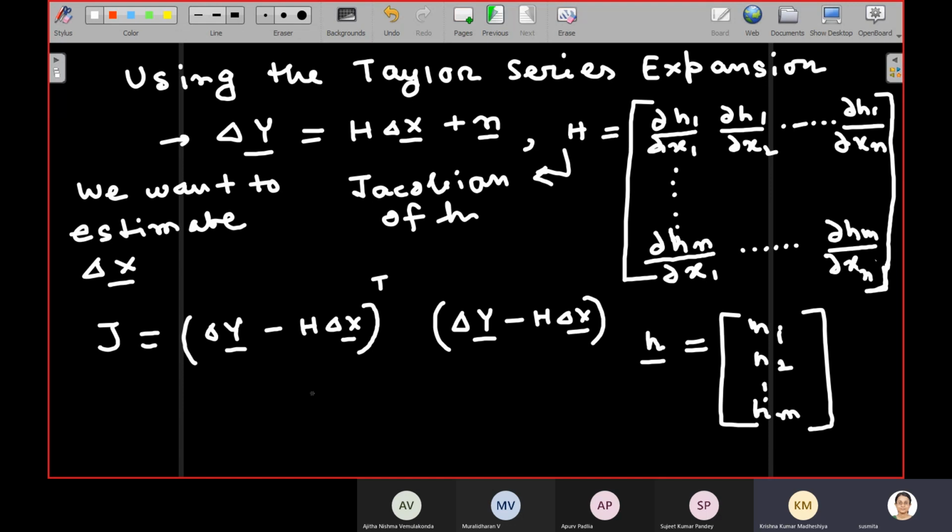We are not interested in the sign. Okay, we are actually interested in reducing the magnitude.